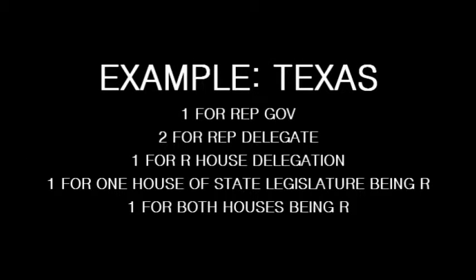Okay. Then you get 1 for having a Republican governor. You get 2 because you have 2 Republican senators. You get 1 because you control the House, the majority of the 36 congressional seats are in fact Republican, so you get 1 for that.